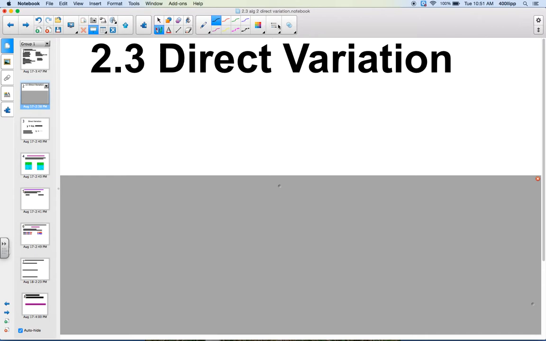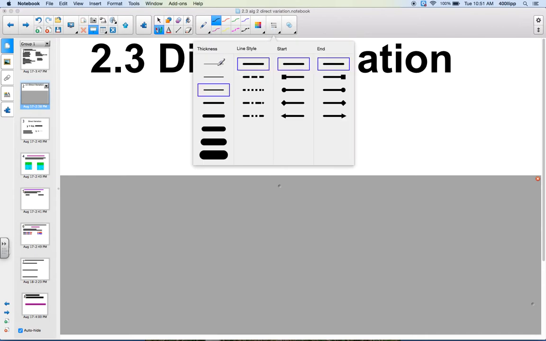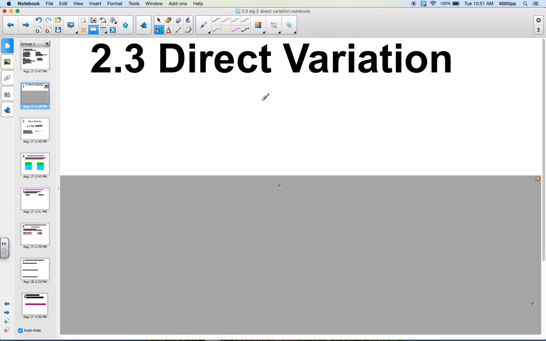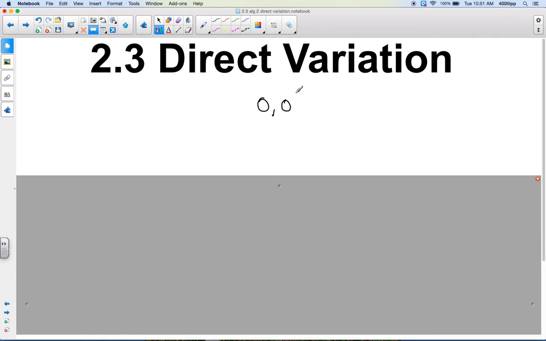So if it crosses through the origin, then we have the point of 0, 0. So if we have the point of 0, 0, then that means that the y-intercept and the x-intercept are both 0.